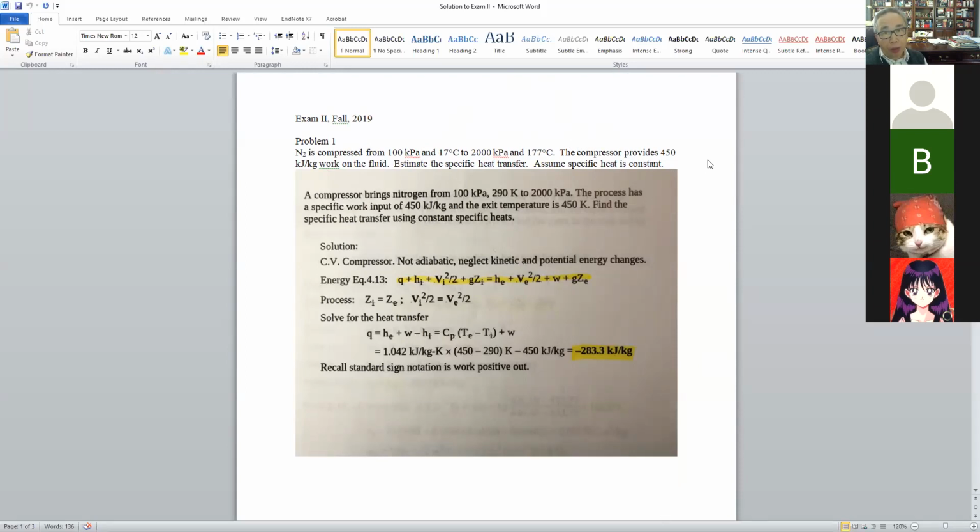So you already know at this moment the work term is going to be negative because if we take the compressor as the control volume, there is work done on the compressor. Compressor has to be plugged in to a power source in order to compress the fluid. So we are asked to estimate the heat transfer, specific heat transfer.